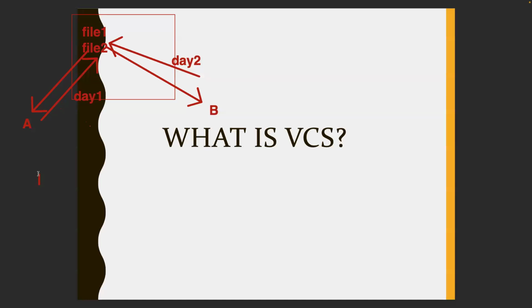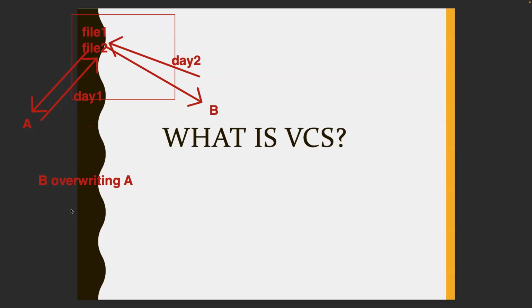Because what is happening here? Person B is overwriting the changes of A. Only person B's changes will be there, correct? B doesn't know that he is doing it. Even A doesn't know that his changes are being overwritten. So this is happening without each person knowing it, right?